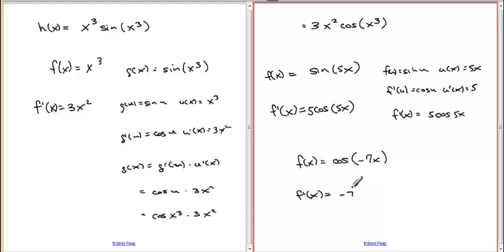Then take the derivative of the trig function, which is going to be negative the sine. The derivative of the cosine is negative sine, and you leave the argument untouched. In this case, you could clean it up a little bit. Negative 7 times negative 1 is positive 7, so f prime of x is 7 sine of negative 7x.